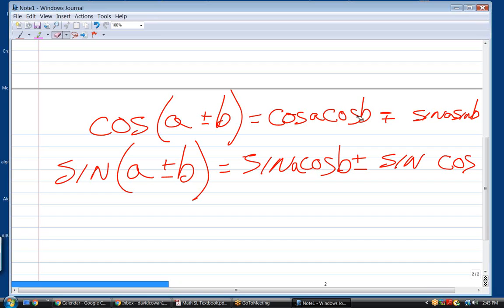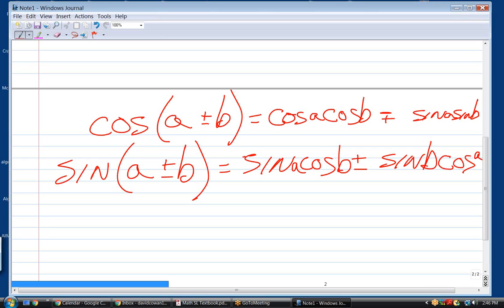This wouldn't make sense if it was A and A. So if this is A and B, this is the same thing, and this, therefore, has to be B and A. In other words, if this was cosine A, it wouldn't make sense to write it like that. They would write it cosine squared A.